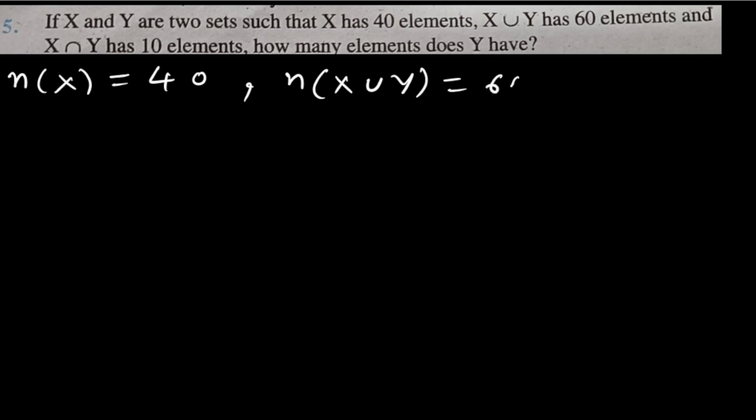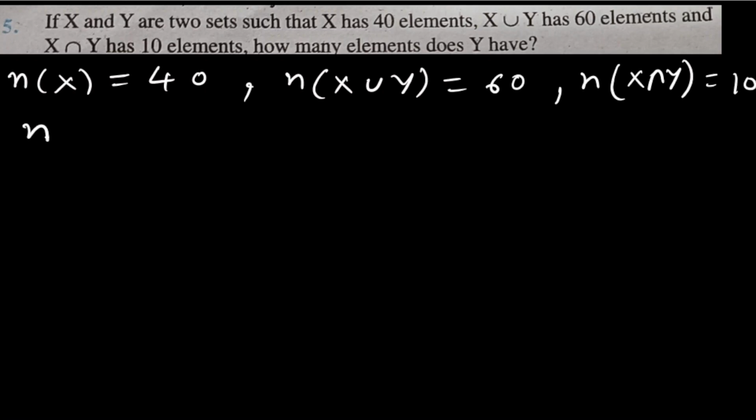If X and Y are two sets such that X has 40 elements, so n(X) is 40. Their union, n(X union Y), is equal to 60, and their intersection is also given to us: n(X intersection Y) is equal to 10.